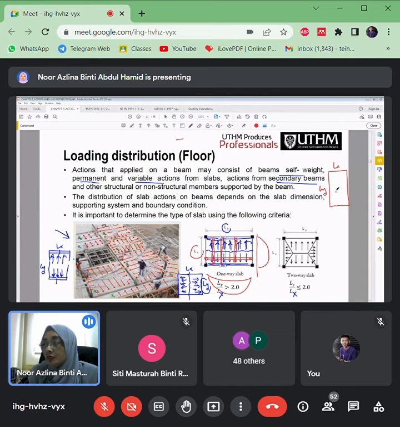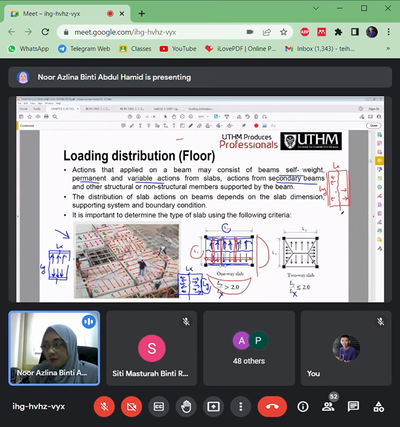If it is a one-way slab, you have to sketch how the load is transferred, based on where the cracks lines should be. In this case, this is Ly, so make a cracks line here. Half of the load will transfer to this beam, half of the load will transfer to this beam. But at the same time, make sure there's a beam at this side and also a beam at this side.